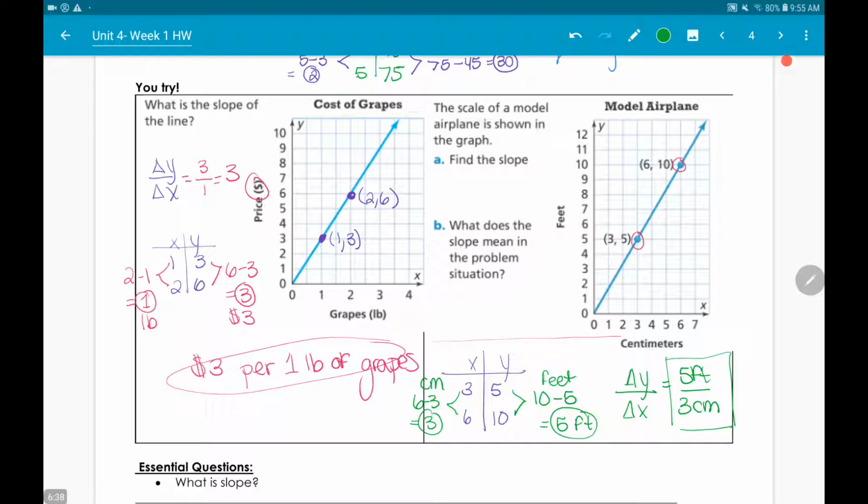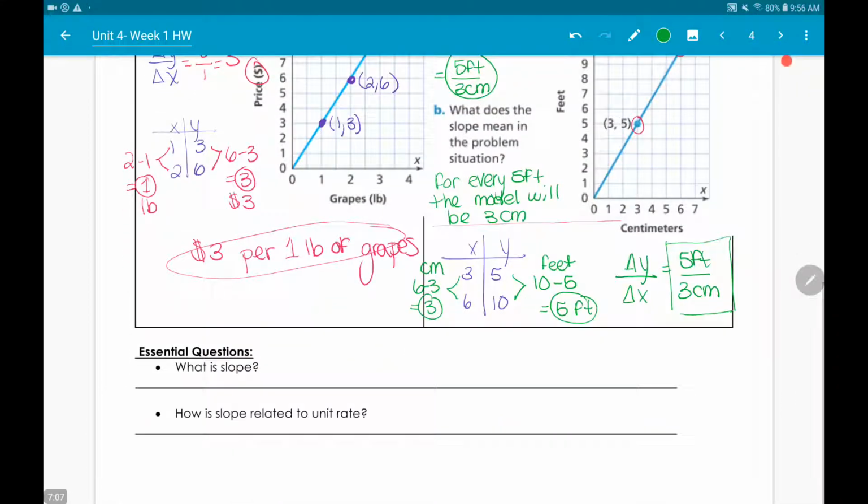It's easier for me to read than 1.66666667 repeating. That's too much. So we're going to leave the slope in our answer as 5 feet per 3 centimeters. And what does that mean? It means for every 5 feet, the model will be 3 centimeters.